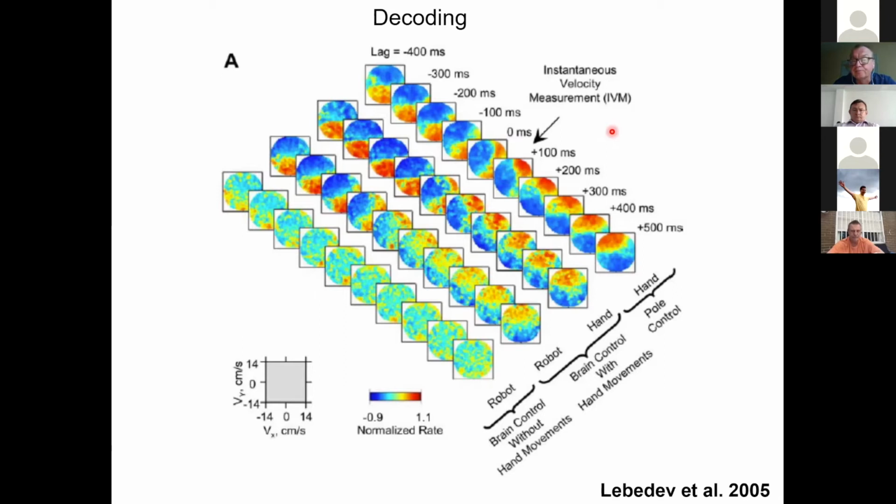It describes activity of a single cell when the monkey performs something with the hand and then with the brain-machine interface. But let's just look at the case when the monkey performs movements with the hand. So if you look at time 0, there is some directional tuning, in this case 45 degrees.